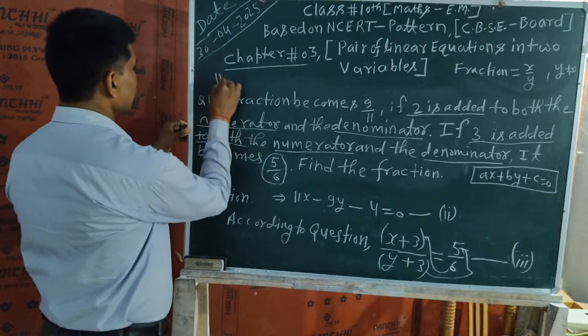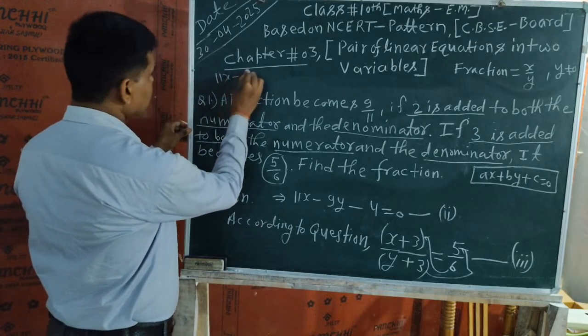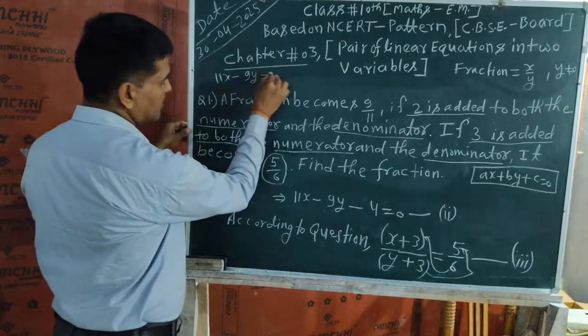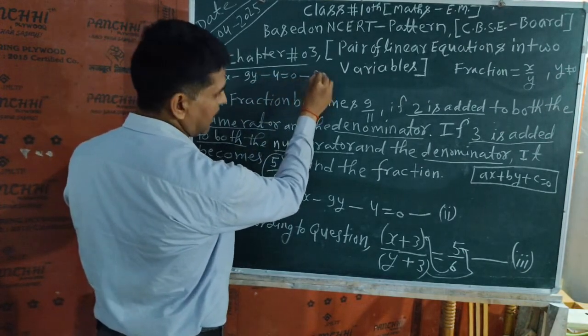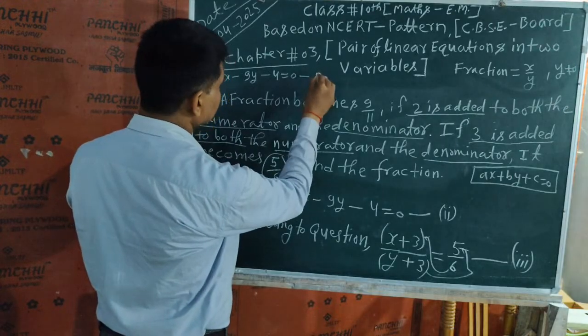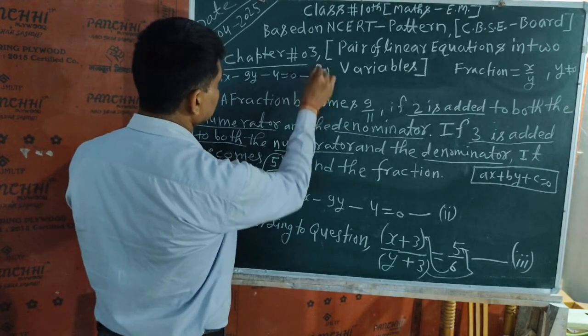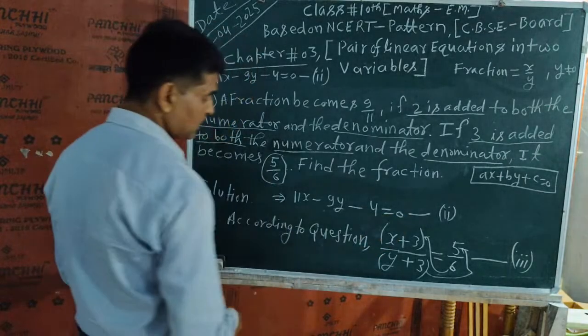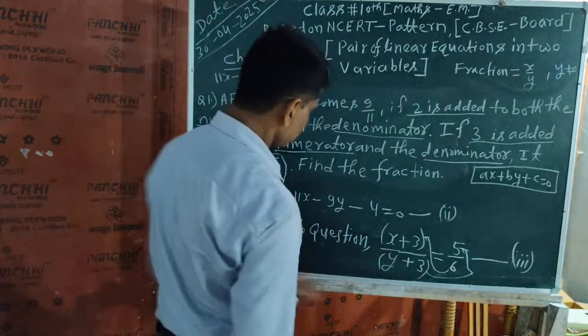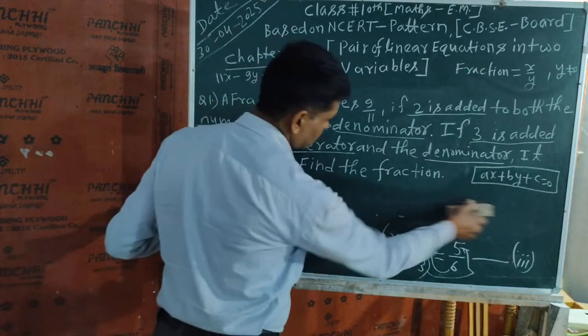Therefore I am going to save this equation, that is 11x minus 9y minus 4 is equal to 0. I have told you this is equation number 2. Okay student, so according to the given instruction I will solve it.